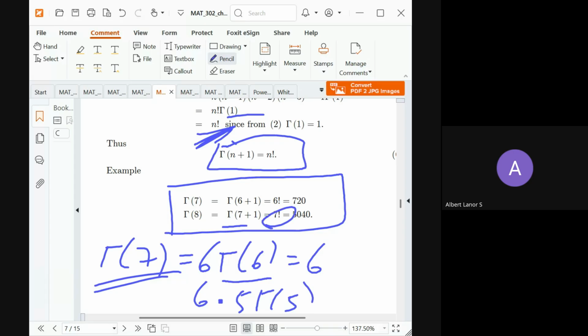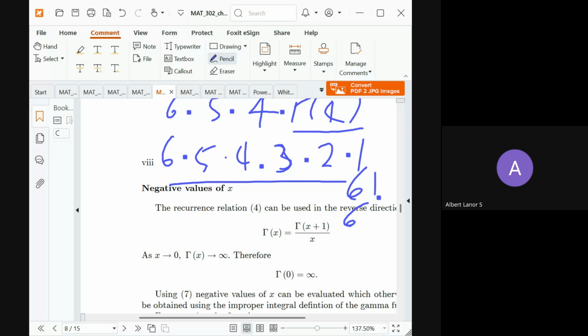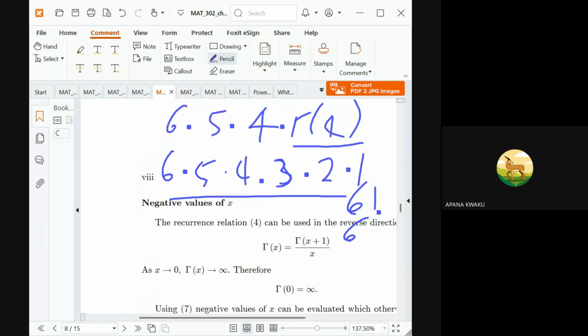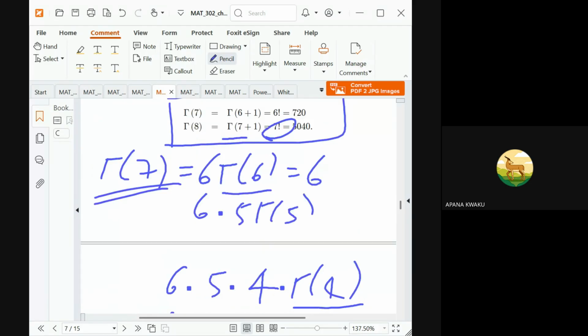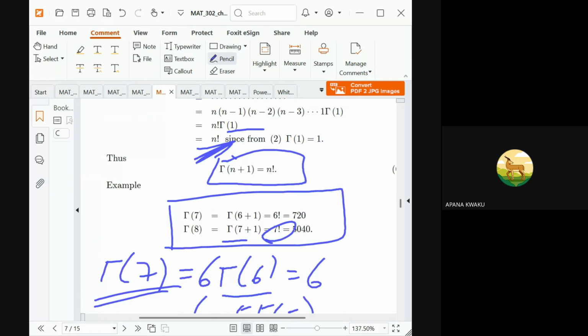And gamma of 9 will be 8 factorial, in that order. Okay, so let us move on. Then gamma of 1 will be 0 factorial, and 0 factorial is 1. That one is on the calculator.